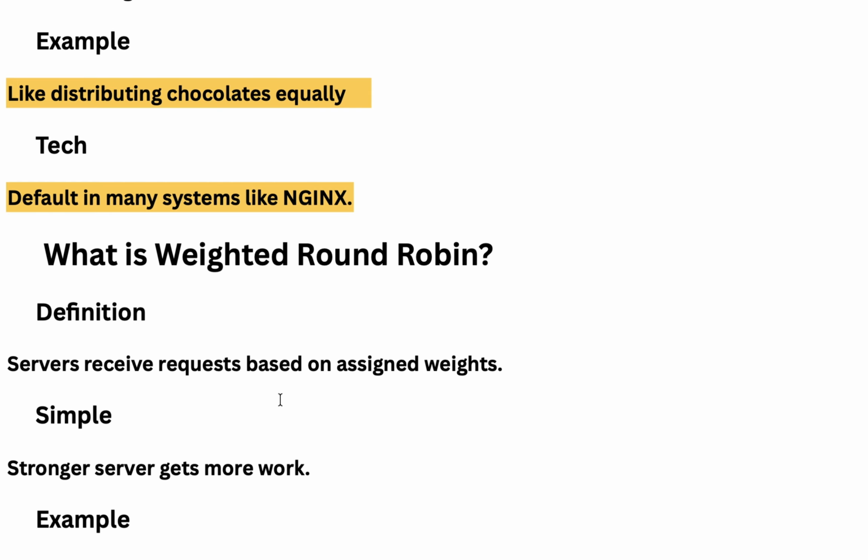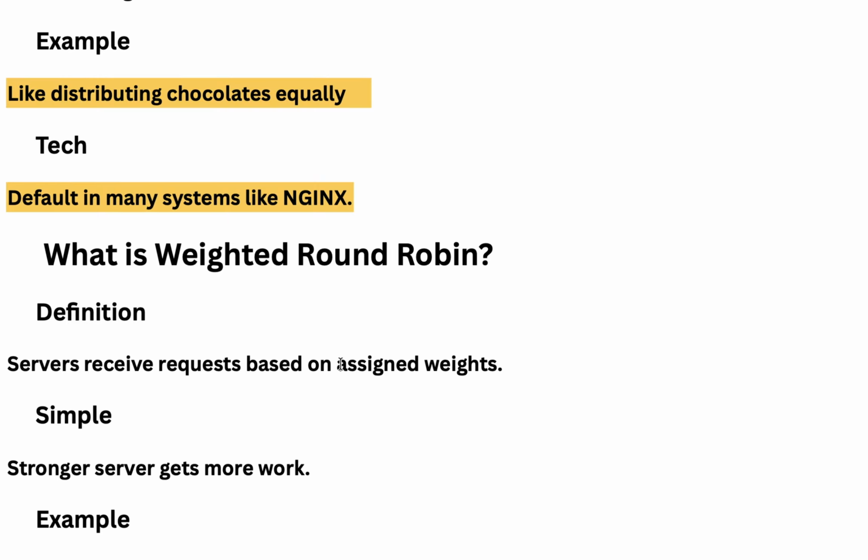Weighted round robin is just like round robin, but it takes capacity into consideration. Suppose one server has 10 capacity. If that server has some capacity left, only then will it send a request to that server.